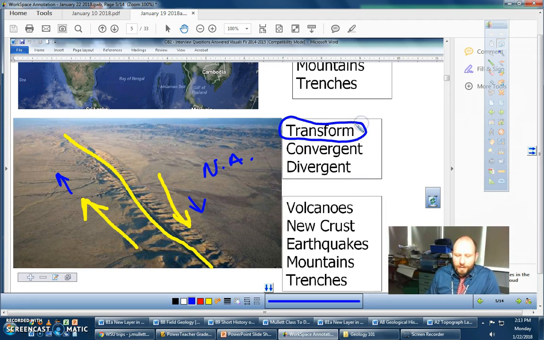The plates are trying to slide past one another, and in doing so, they do get hung up on each other, and when there's a sudden release of energy, booyah, earthquakes big time. So, there you go. There's your main boundary types. Don't forget, all powered by convection, touch of gravity, but mostly a convection current form of power.